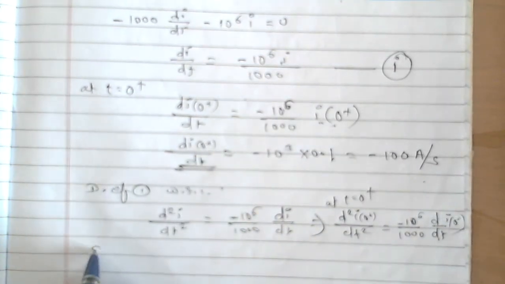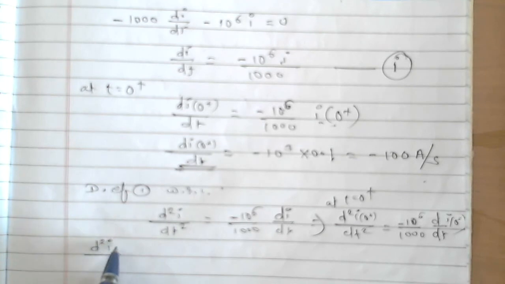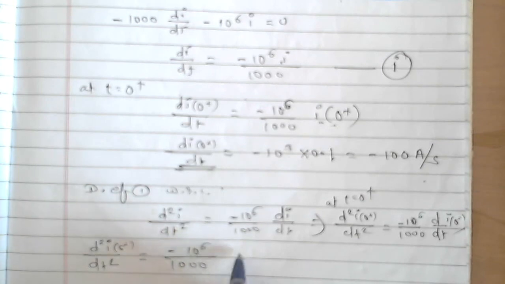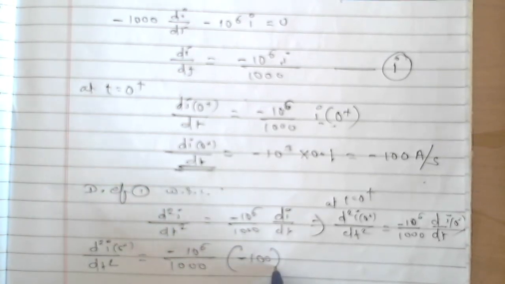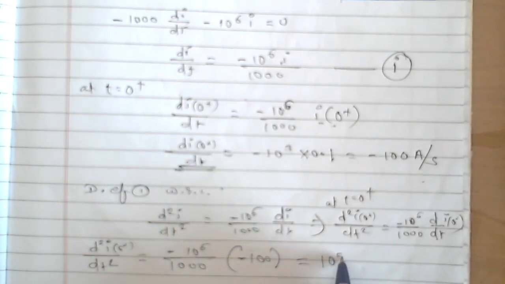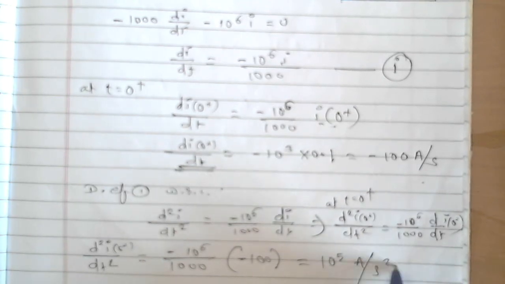So substitute and you will get d square I at 0 plus by dt square equal to minus 10 raised to 6 by 1000 into minus 100, which is nothing but 10 raised to 5 ampere per second square.